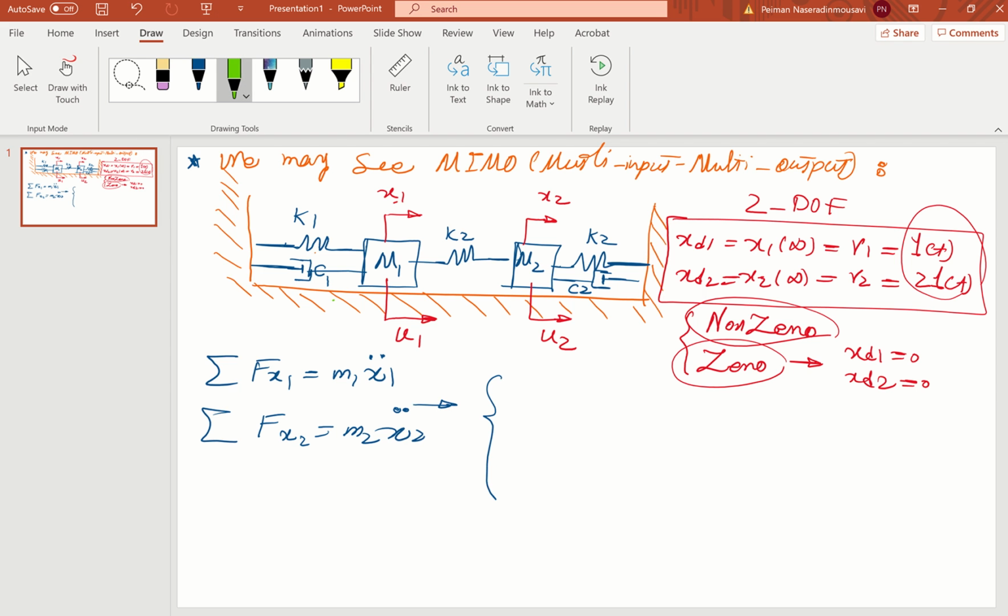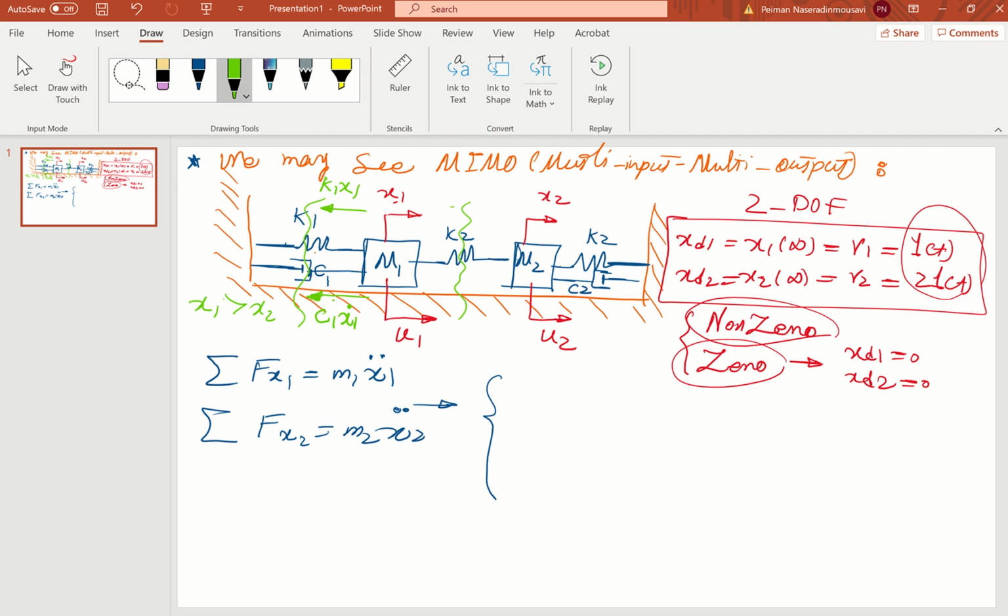My assumption is that x1 is greater than x2. If that happens, spring K2 is going to be compressed, right? And we have a stretch here. So if you cut from here for the free body diagram, you're going to stretch K1, so you want to have a reaction force from here, K1 x1, and you have a reaction from the damper, which is C1 x dot 1, you know, from the vibrations, right?